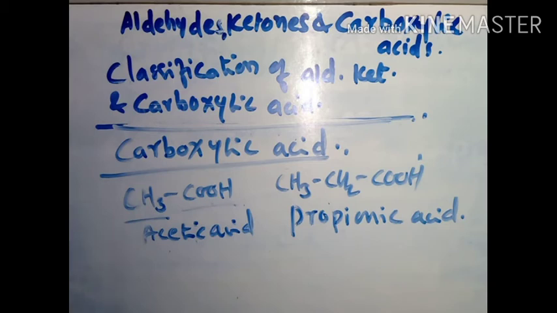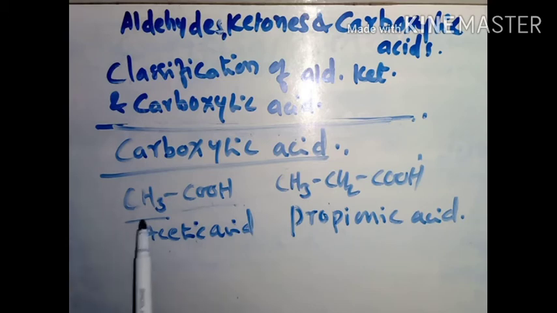aliphatic carboxylic acid. Now depending upon the number of COOH groups present, carboxylic acids are classified as monocarboxylic acid, dicarboxylic acid, or tricarboxylic acid. A compound in which only one COOH group is present is called a monocarboxylic acid.